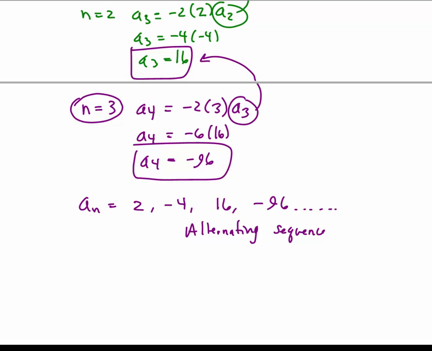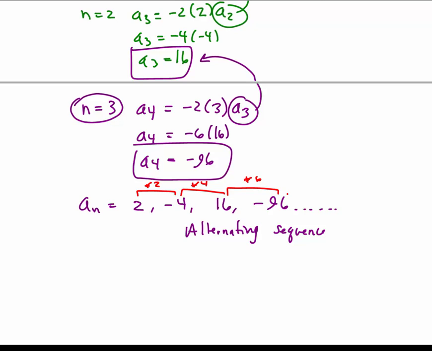Now sometimes when you're looking at these, you can find a pattern, like I said, 2, 4 is even, but it doesn't work for the third term. This one's pretty interesting. 2 times 2 is 4. 4 times 4 is 16. So this was times 2. I'm not going to worry about the positive negative right now. This is times 4. 16, if we take 16 times 6, I believe we get 96.